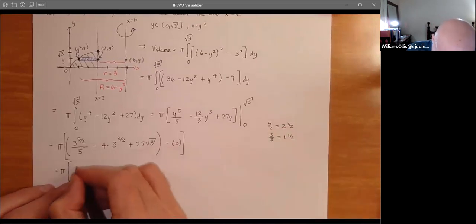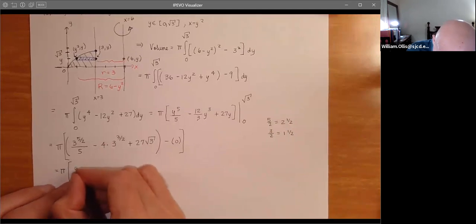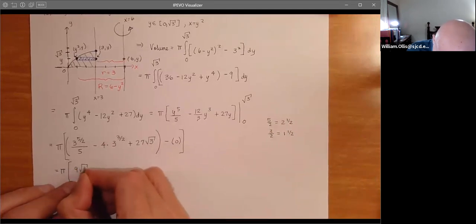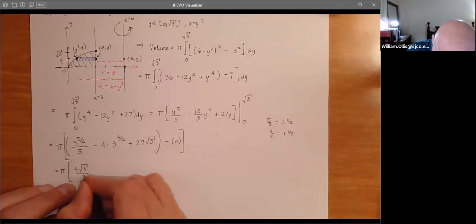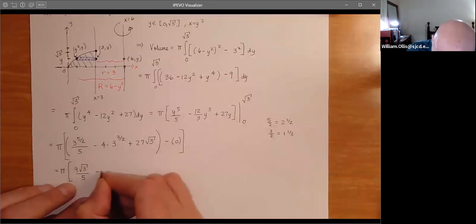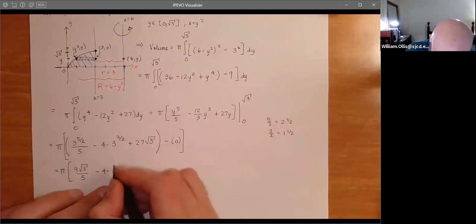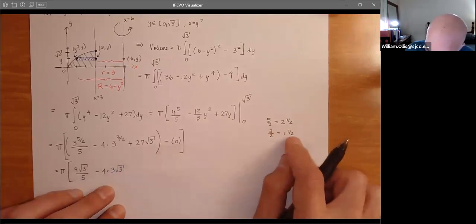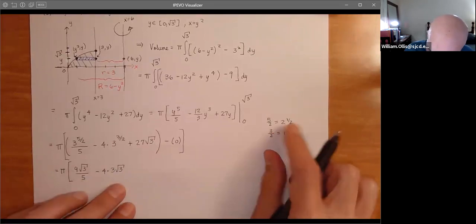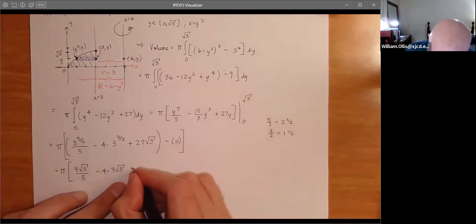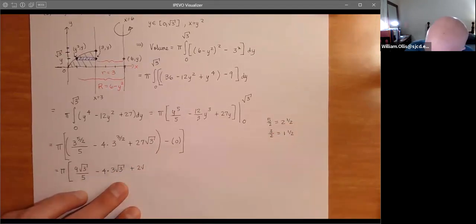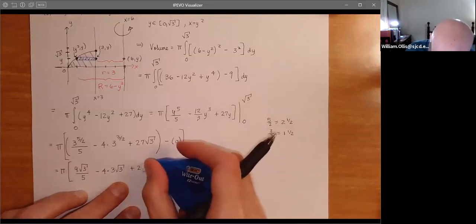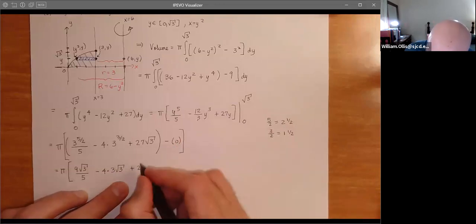So this gives us, in this case, 9 times the square root of 3 over 5 minus 4 times 3 times the square root of 3, the 1 copy and then the 1/2, the 2 copies and then the 1/2, plus 27. Let me not write the radical too soon. 27 root 3.